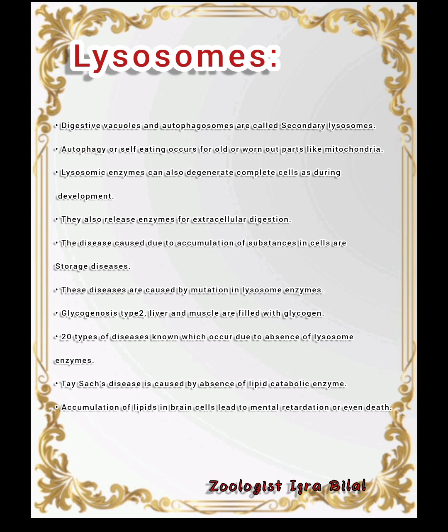Digestive vacuoles which perform digestion and autophagosomes which are self-eaten are called secondary lysosomes. Autophagy or self-eating occurs for old or worn out parts of the eukaryotic cell like mitochondria.